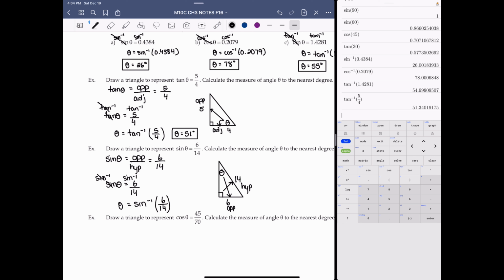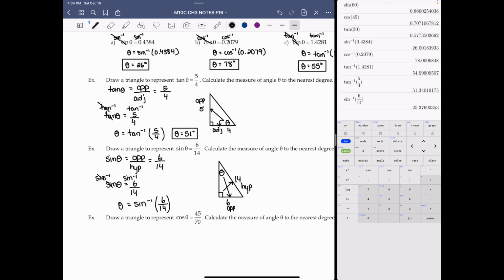Then we calculate second function sine, brackets if you don't already have them, fraction 6/14, which is 25.37 or 25 degrees. Theta equals 25 degrees.